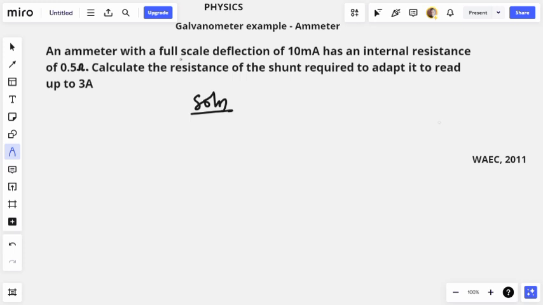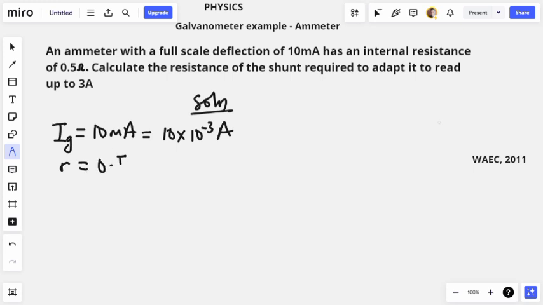We write out our parameters. Our parameter here says an ammeter with a full scale deflection current, so that means our galvanometer current equals 10 milliamps, which in standard unit is 10 times 10 raised to the power minus 3 amps. The next parameter is an internal resistance of 0.5 ohms, that's small r, the resistance of the galvanometer.